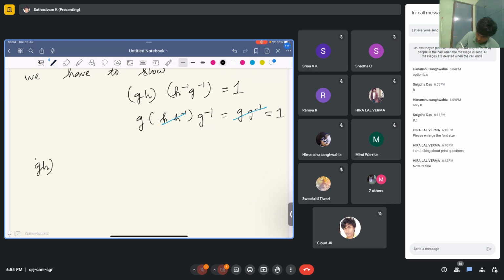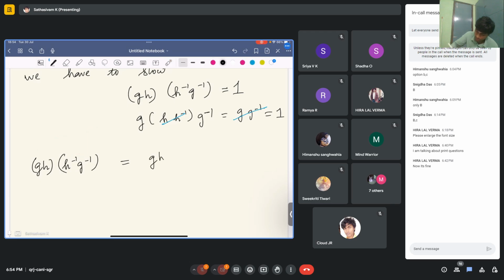Okay, so GH we have here, and H inverse, G inverse is what we have, right? So now you see this as a single element, and this as two elements. Let's see this as some X, and this as two elements. So if you see it like that, this is basically X, H inverse, G inverse, right? Now we change the bracket here.